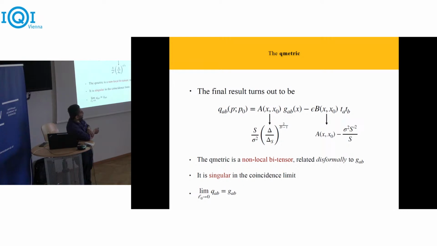And then if one wants to talk about curvature or any other properties associated with this effective description, one must first compute derivatives of QAB, second derivatives, compute the curvature, and then take the coincidence limit. Because on the face of it, this guy is obviously divergent, but we are not sure whether it is even the basic guy you should look at. You should consider curvature and its invariants, and then look at their coincidence.